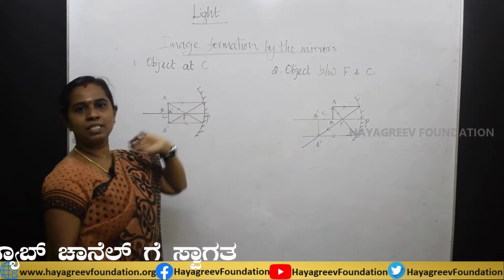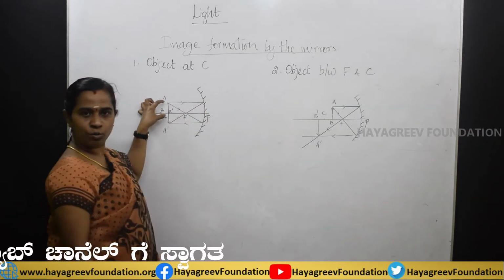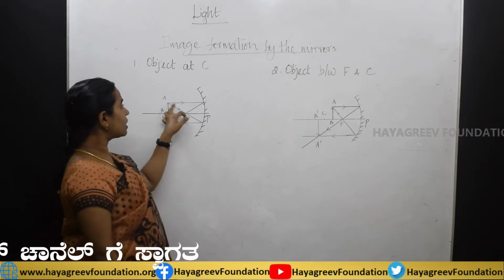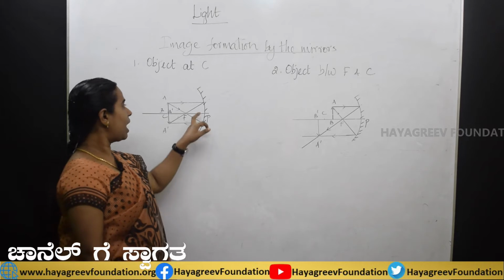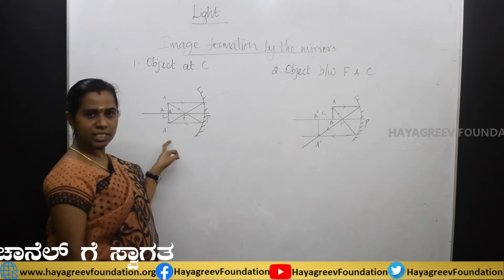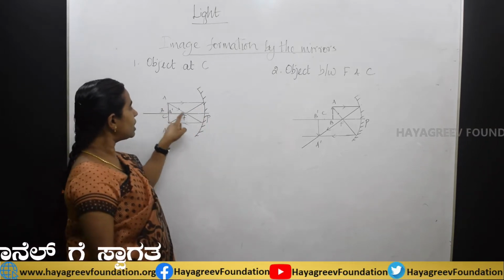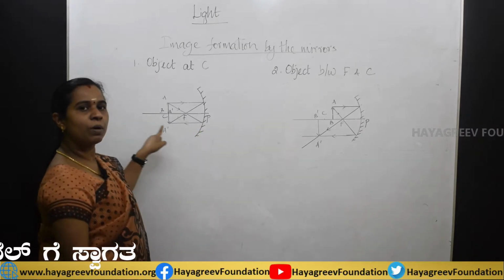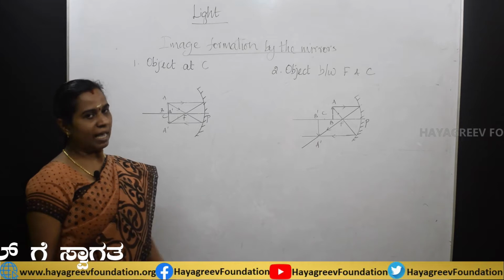Object kept at C. So, A B is the object I kept at C. The same measurements we need to take. First ray I used is the parallel ray. After reflection it will pass through the principal focus. The next ray is the one passing through the principal focus. After reflection it will pass parallel to the principal axis.